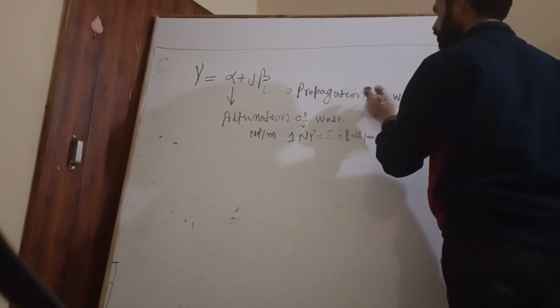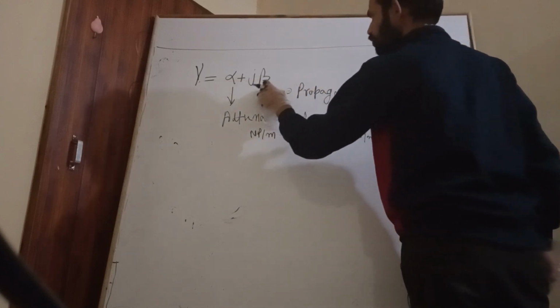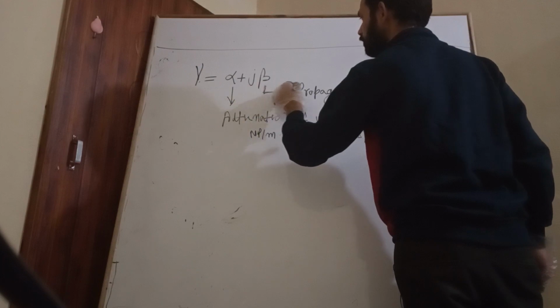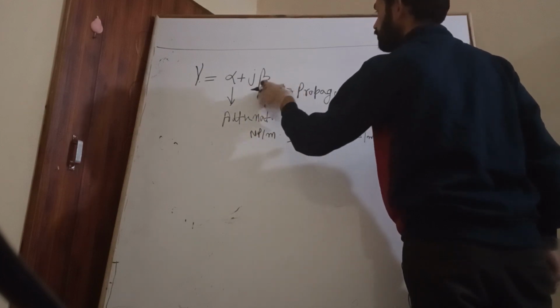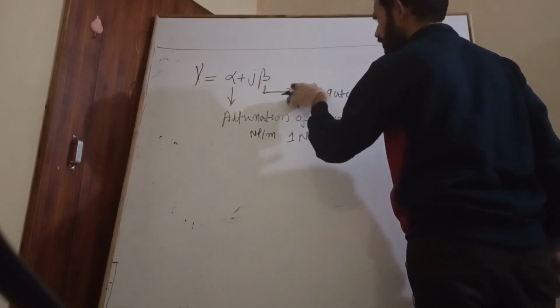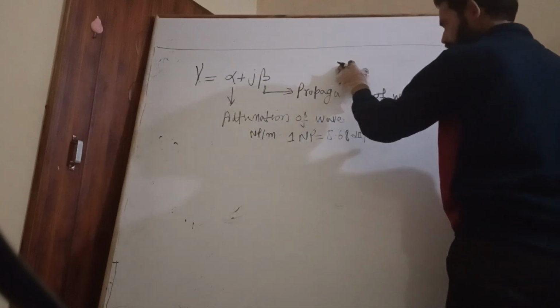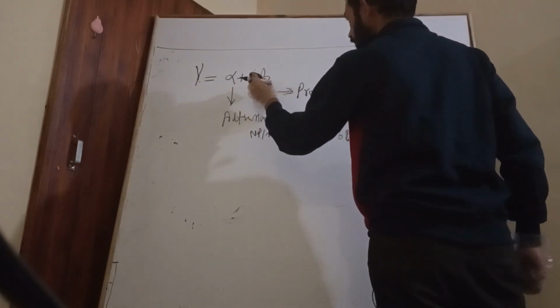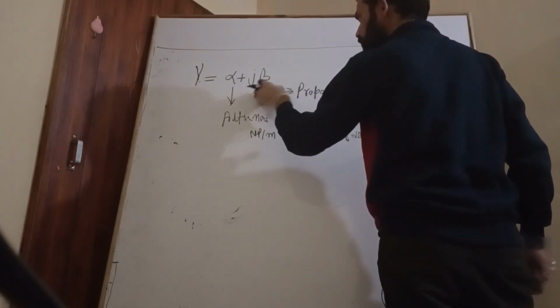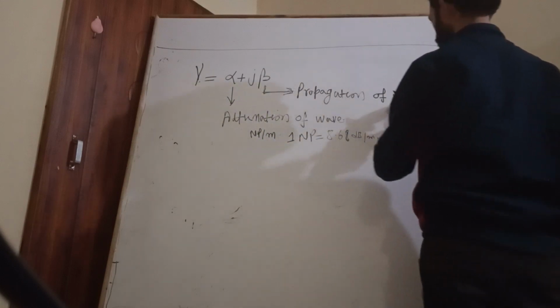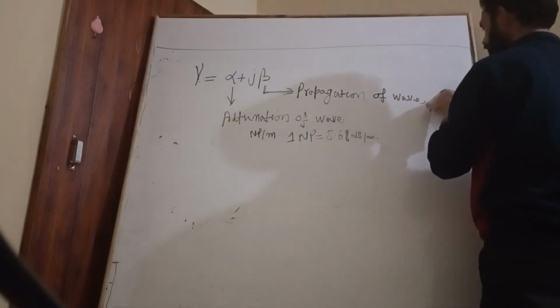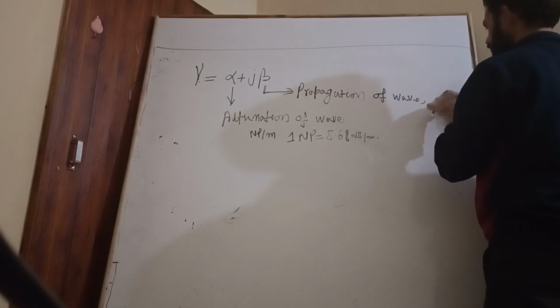Beta indicates the propagation of the wave. If beta is not 0, then definitely the signal will propagate through the waveguide. Its unit is radian per meter.